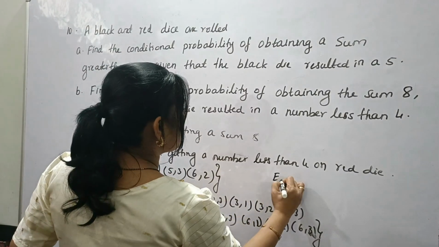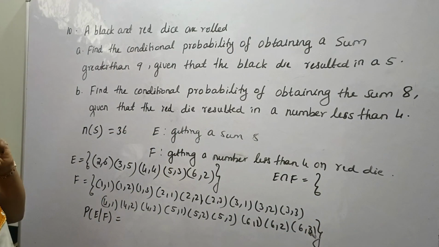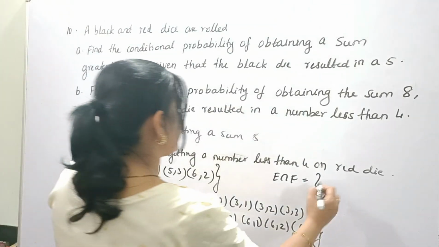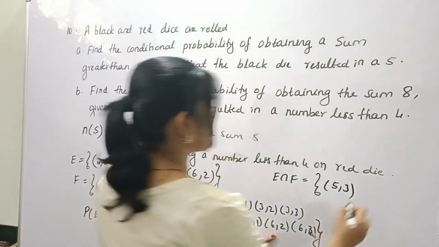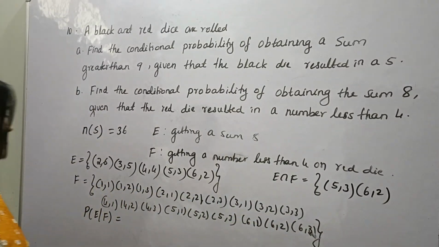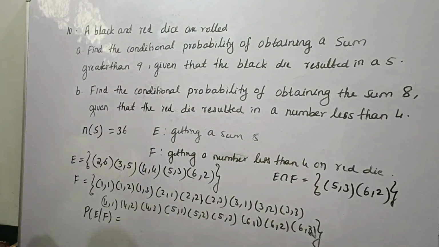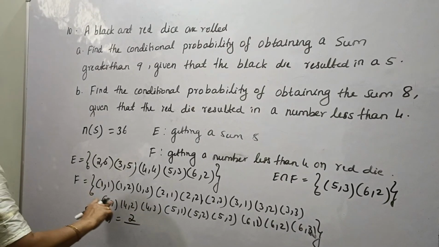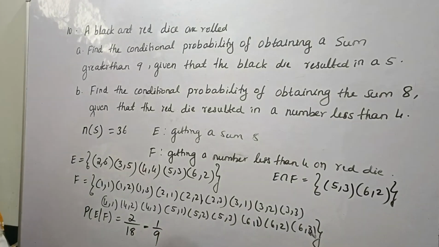E intersection F is 5, 3 and 6, 2, right? That's all. So two elements in E intersection F. Therefore, probability of E given F is 2 divided by the number of elements in F, 18. So 2 by 18, that is 1 by 9.